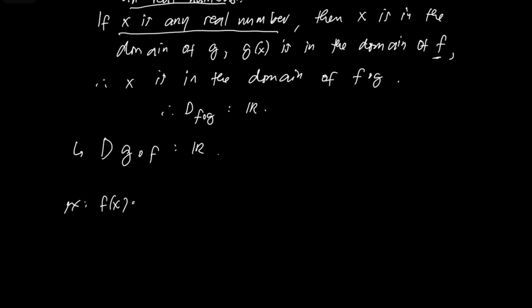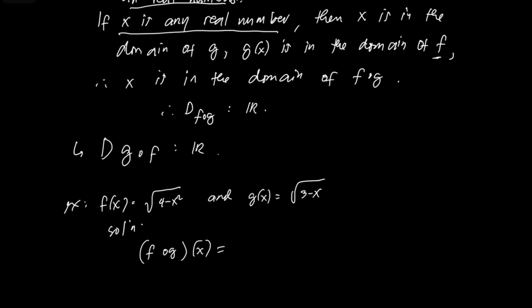Let's have another example. f of x is equal to square root of 4 minus x squared, and g of x is equal to square root of 3 minus x. So f of g of x is f of g of x.